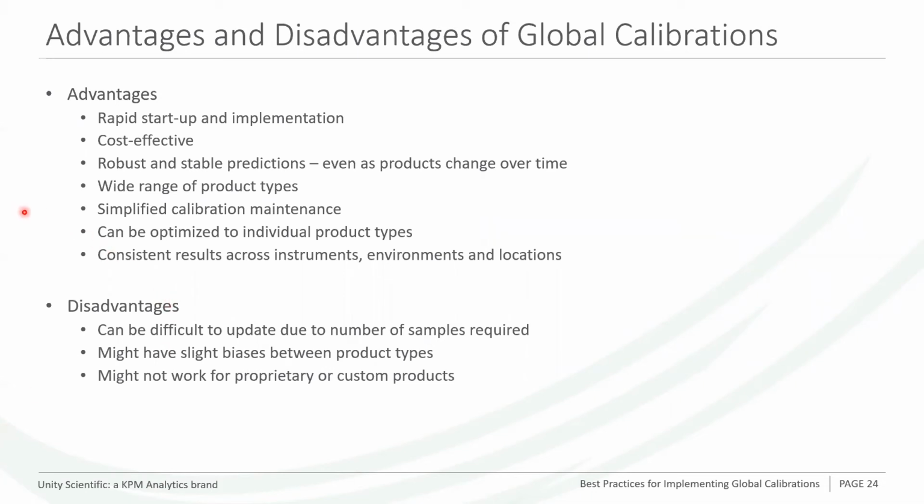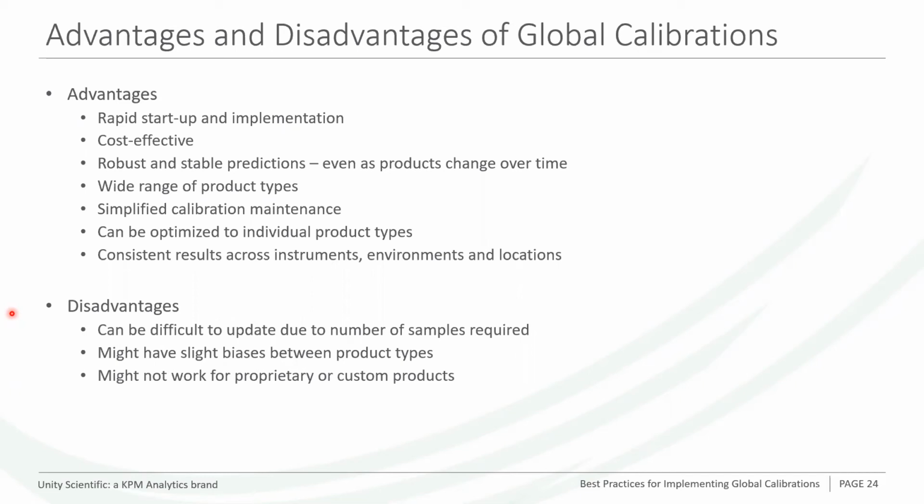As I just described, it's very easy to implement and maintain a global calibration. You can dial these in and optimize them to your individual products to make sure you are getting the best results possible per product. And because of the variation that's been built in, you're going to get very consistent results across instruments, environments, and locations.